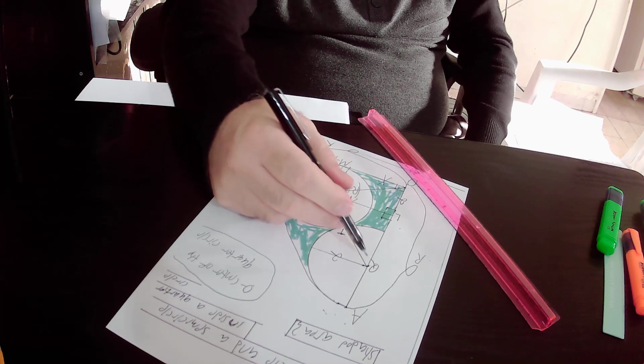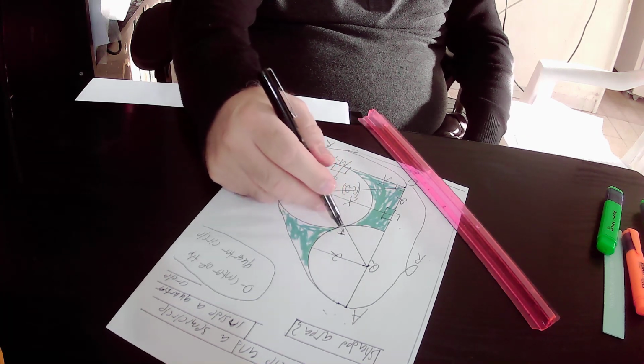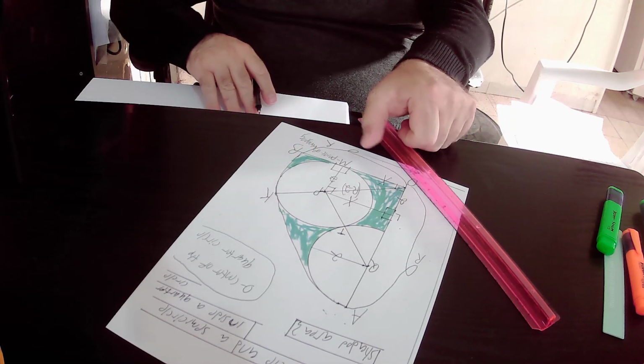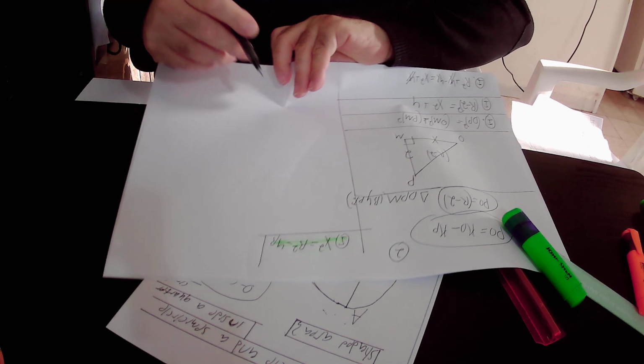So if the straight line QP must pass through point T, it means that QTP is one straight line. So I write it down. QTP is one straight line.